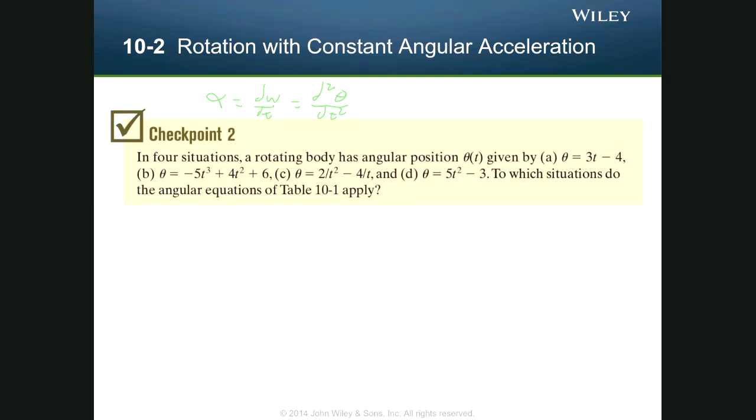For A, the first derivative, d theta dt, is going to equal 3, and the second derivative is going to equal 0. Zero last time I checked, so here alpha equals 0.